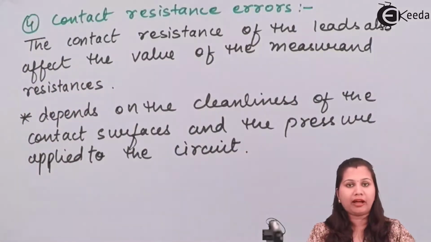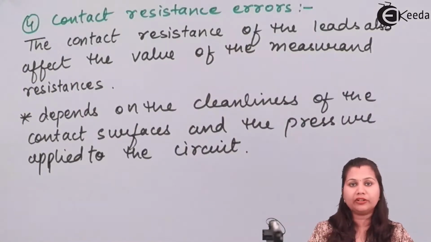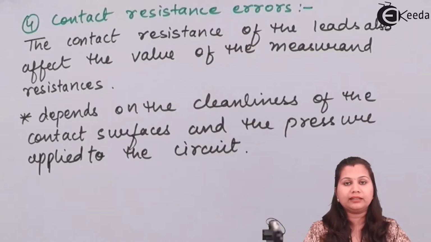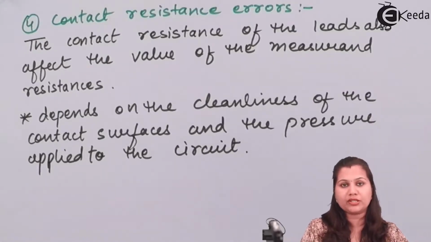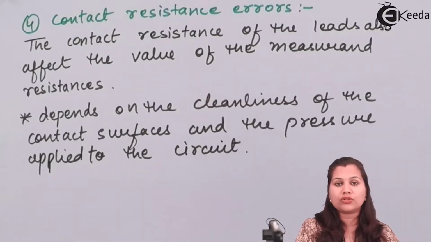So these are the factors which can produce error in the measurement through the Wheatstone bridge. In this video, we have studied the Wheatstone bridge method, which is used for the measurement of medium resistances, that is those resistances in the range from a few ohms to several kilo ohms.